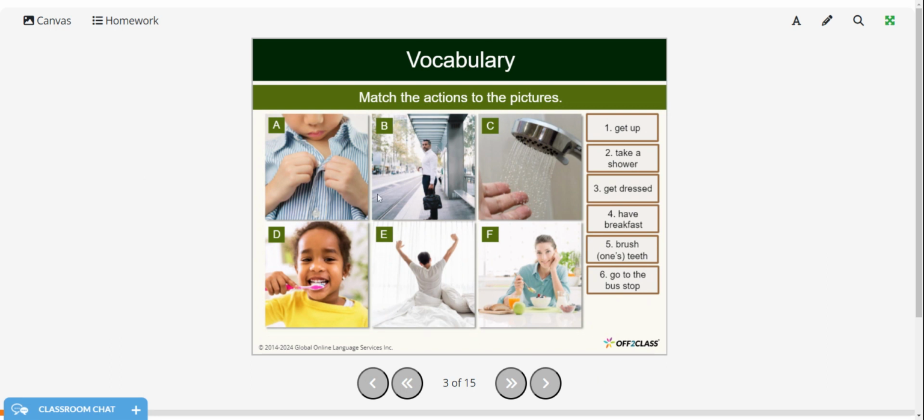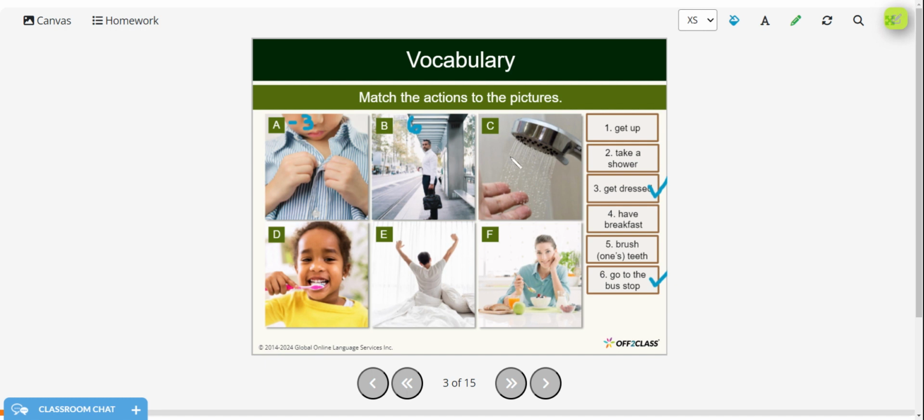All right, here are some actions that we want to match with the pictures. So take a few moments, pause the video and do that, and then restart when you're ready to see the answers. So picture A would go with number 3, get dressed. Picture B would go with number 6, go to the bus stop.